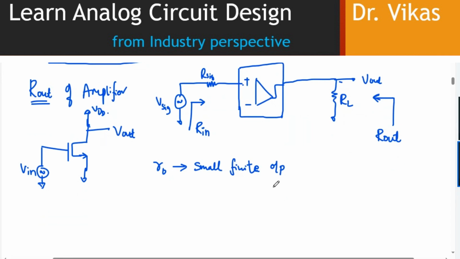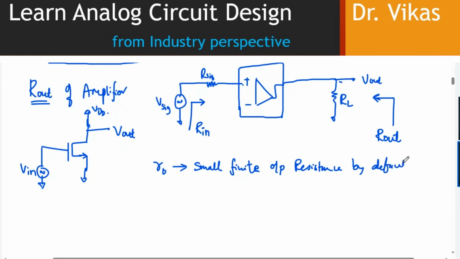That means we see that particular small r naught when we operate on the MOSFET. So small r naught will also be part of your R out along with other resistance. So this is an intrinsic resistance, that is, by default R out will be a small finite output resistance.